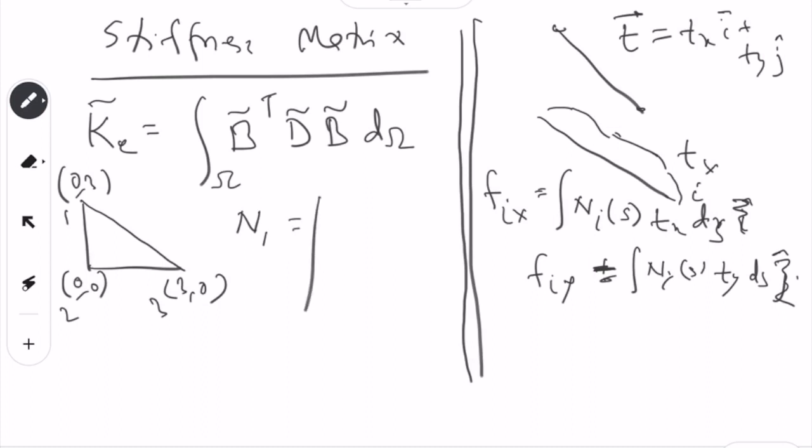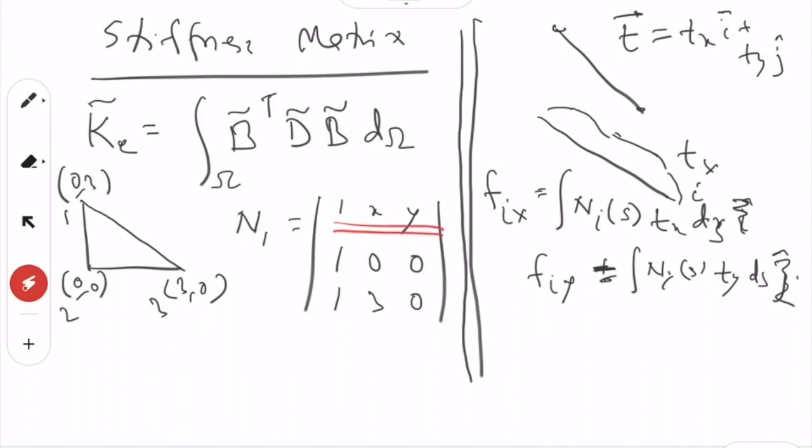We have 1 x y, and then 1 0 0, and then 1 3 0. So 1 x y, 1 0 0, 1 3 0.